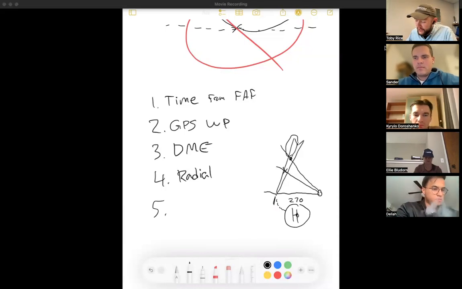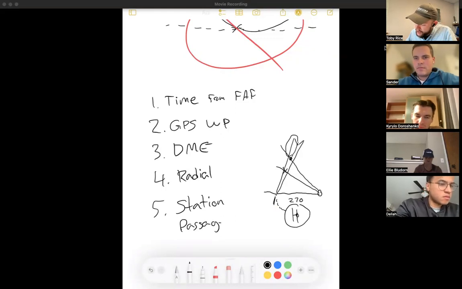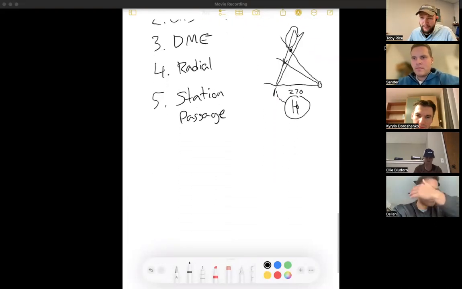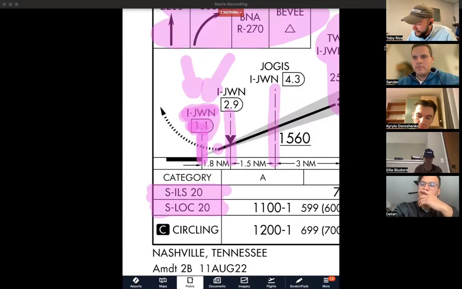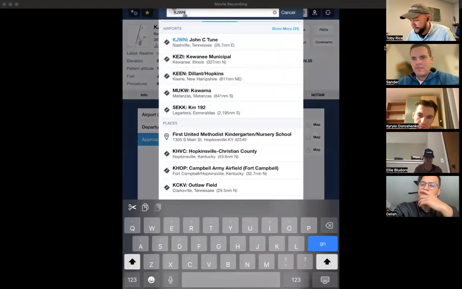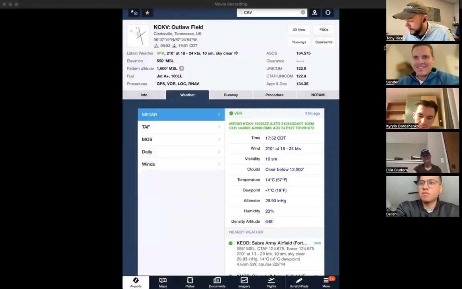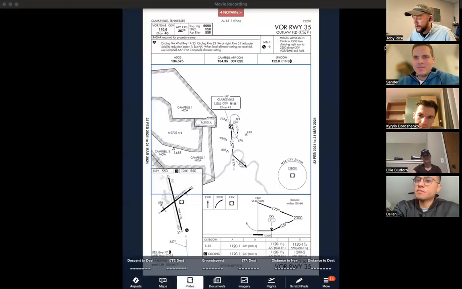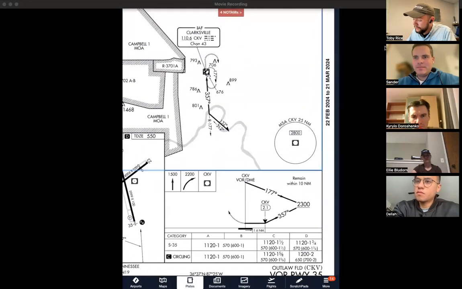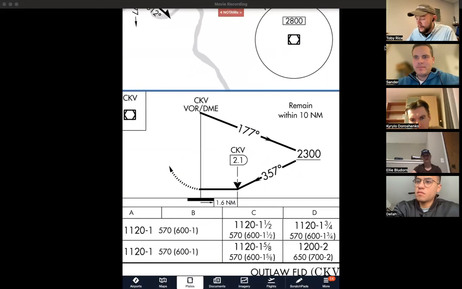The fifth option is station passage. Station passage. Those are two words we don't hear very often. Well, what is a station and what is passage? It's very simple. Let's say we're flying a VOR approach. And there's a VOR approach that I have in mind because I've also flown this on a check ride, as you can imagine. If I go here to this airport in Clarksville, Tennessee, and I look at the VOR runway 35, we can see here the initial approach fix is the VOR.